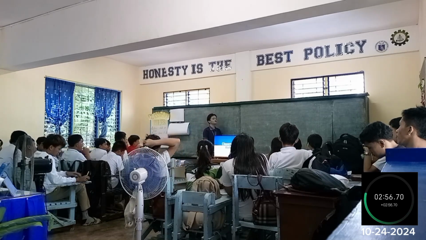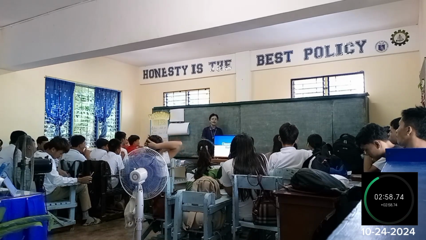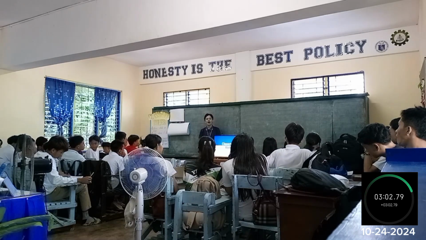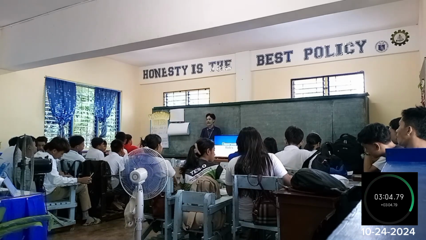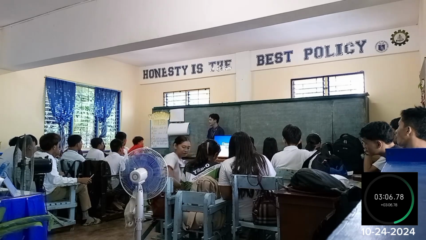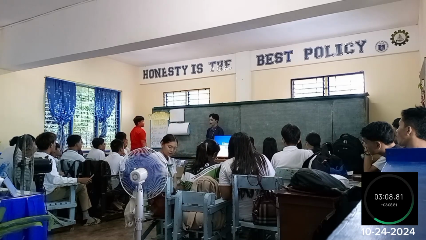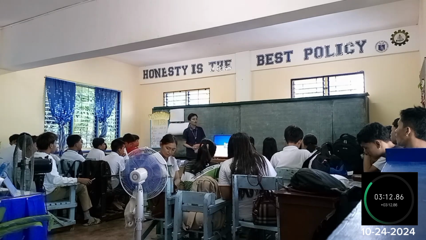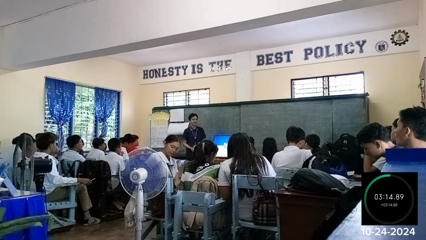And before we jump into our new lesson, may I ask anyone who remembers our previous topic last meeting? Yes, Tracy? Electron configuration. Yes. Our topic last meeting was all about electron configuration.